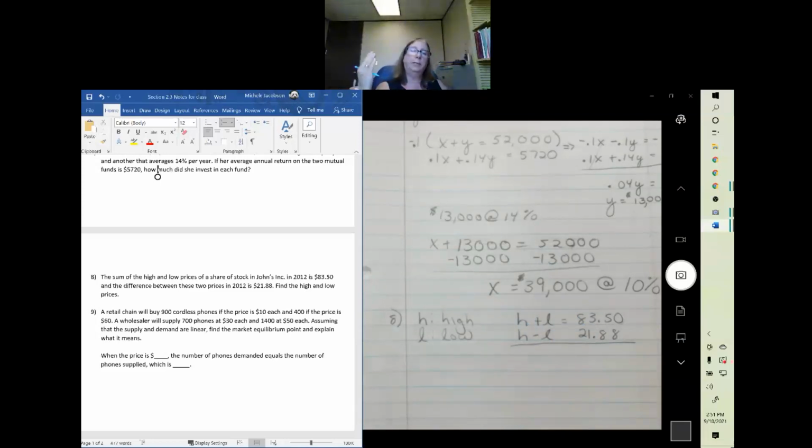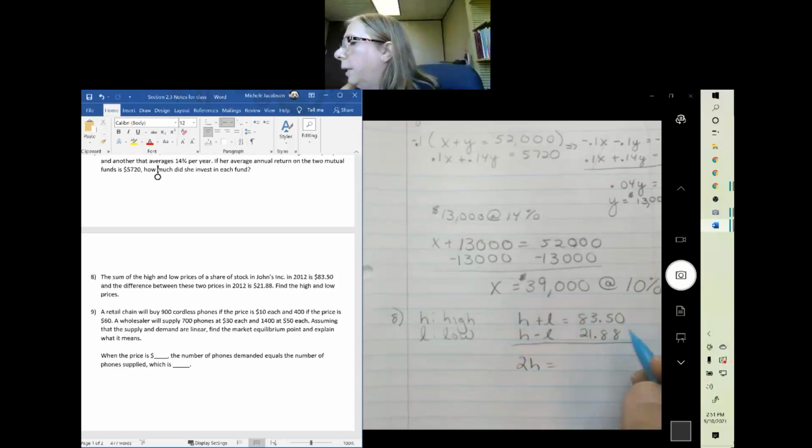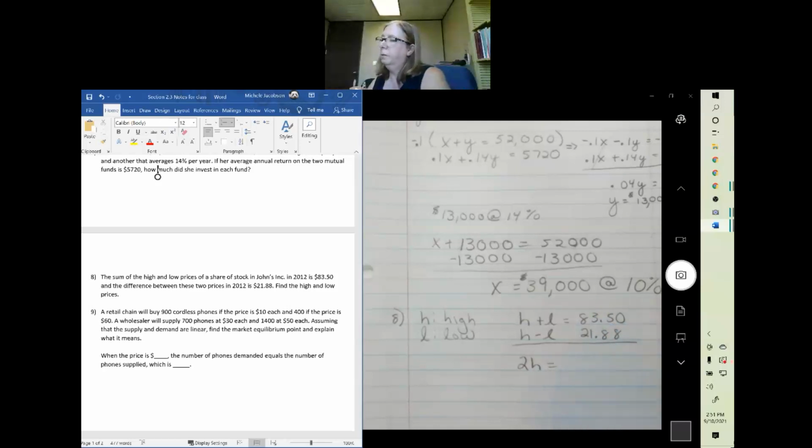Now, notice on this one, it's really nice because if you add down, the L's already drop out. So we have 2H equals, and then when we add these, I'm not going to do that in my head, 21.88.